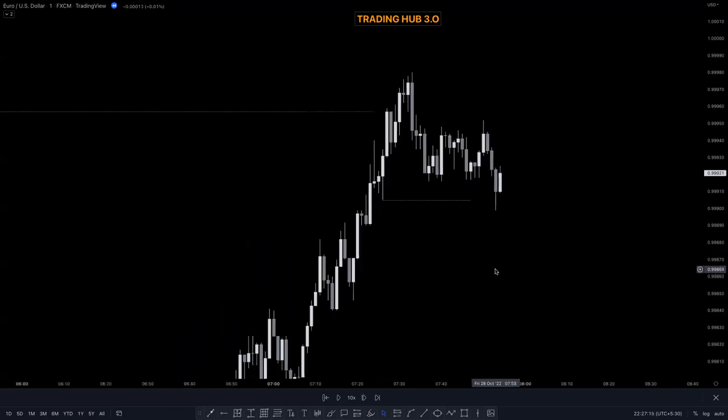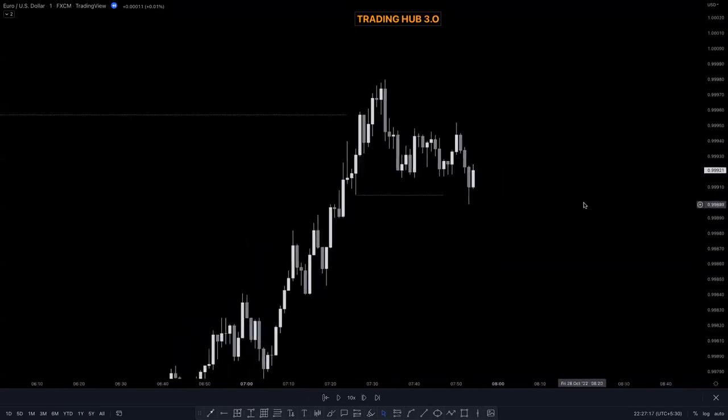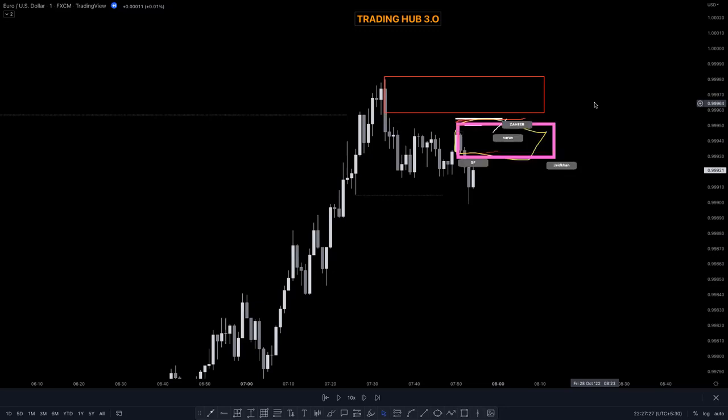Okay, so in this case, when can we take entry for the sell? First of all, the first area for the sell.